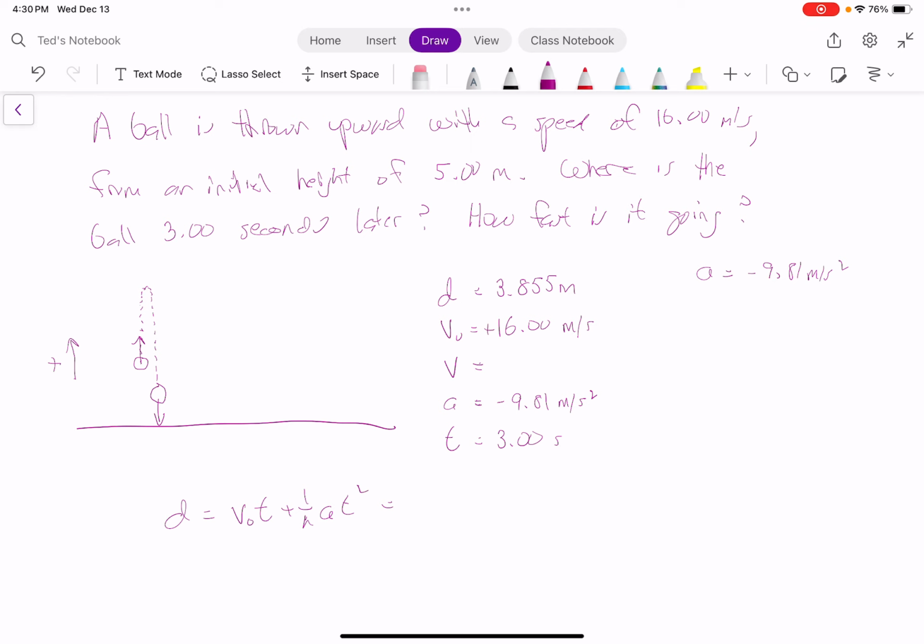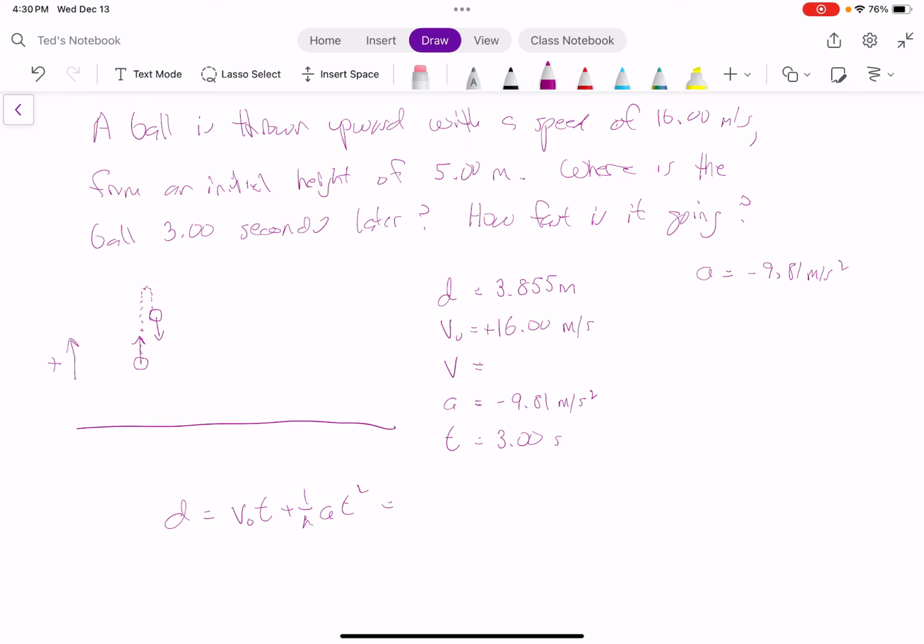The displacement is how far we are from where we started. So if the displacement is positive 3.855 meters, then that means I drew my picture wrong, because the ball's going to end up above where it started. Because the displacement is positive. If the displacement had been negative, it would end up below where it started.